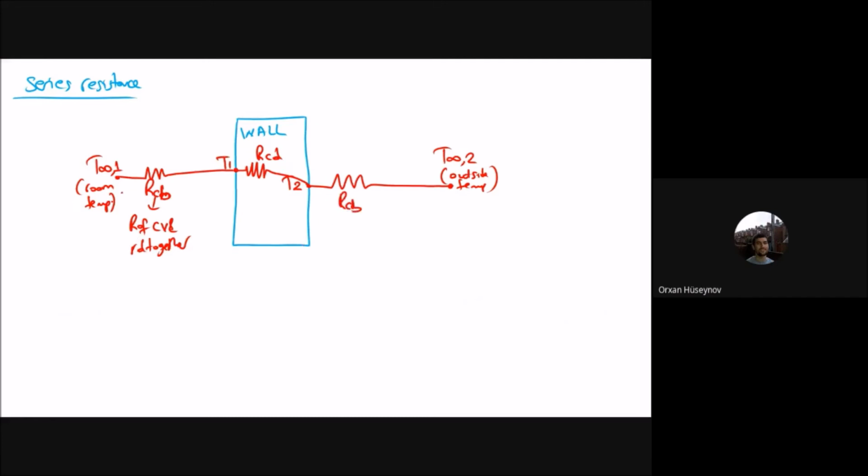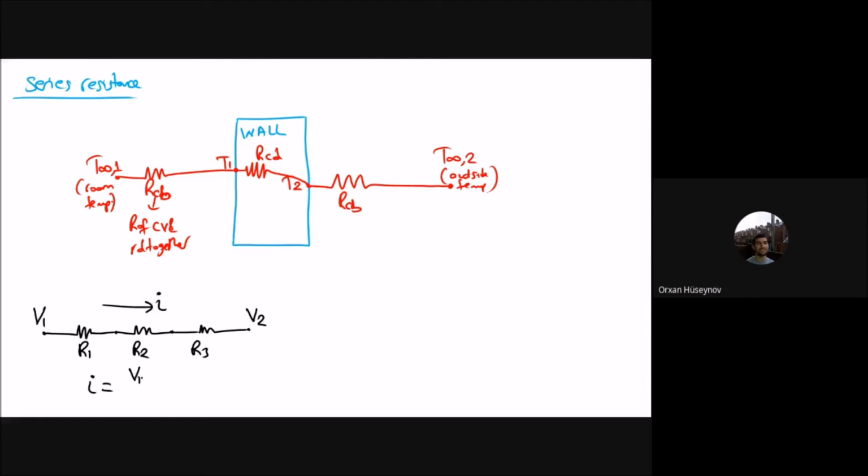And between T infinity 1 and T infinity 2, similar to electricity, I will draw the electricity one here. You will have V1, one resistance here, another resistance here, another resistance here, and V2. The current is the same, which is I, and you will have R1, R2, and R3.